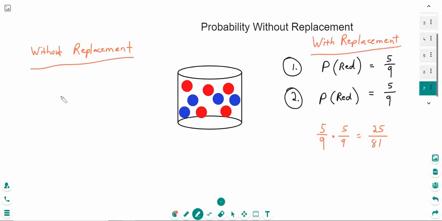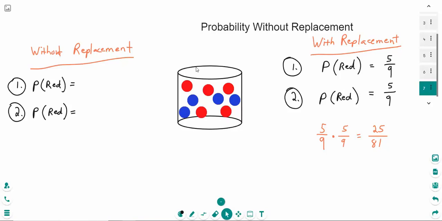So without replacement, that means we take our first trial here. We dip in. What's the probability of getting the red for the first trial? And then we keep that out, assuming that it's a red. We'll go to our second trial. What's the probability of me getting a red this time? Well, if I'm not replacing, things change a bit, don't they?